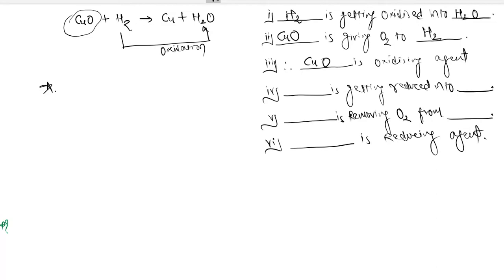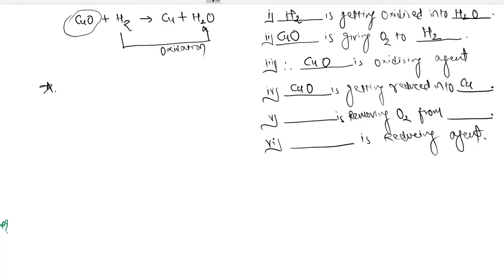Let's do the fourth one. Dash is getting reduced into dash. Who is getting reduced here? What is reduction? Removal of oxygen or addition of hydrogen? Both are. But here we are talking primarily about removal of oxygen. So copper oxide is getting reduced into copper because copper oxide is losing its oxygen.